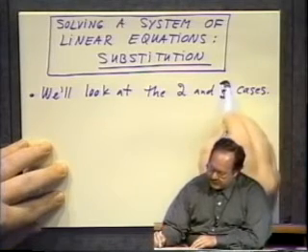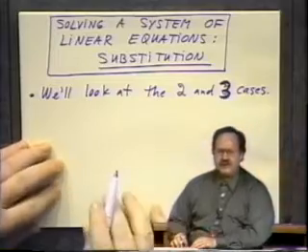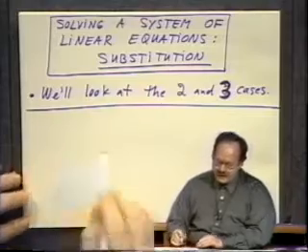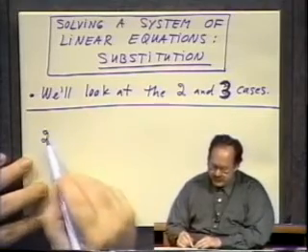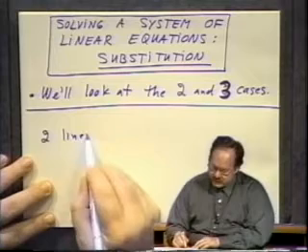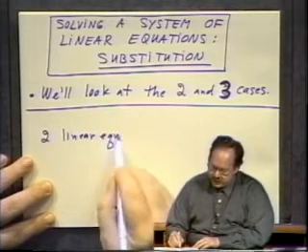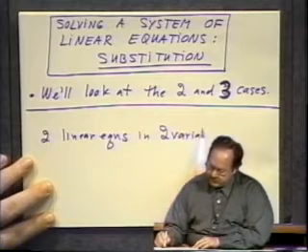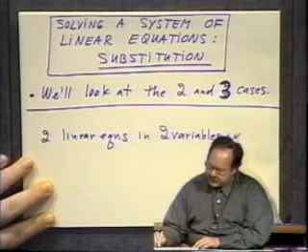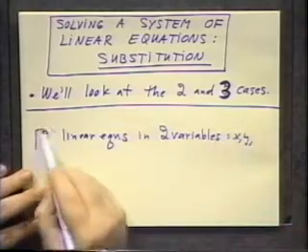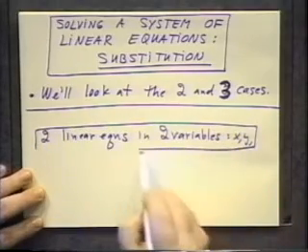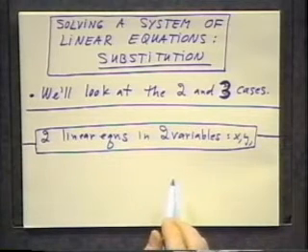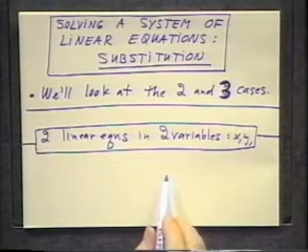And the first case we'll look at will be 2 linear equations, just so we're clear on what we're talking about here. 2 linear equations in 2 variables, and the variables we'll use will be x and y. So let me box this in. So this is the segment now we're going to look at, 2 linear equations in 2 variables, x and y.